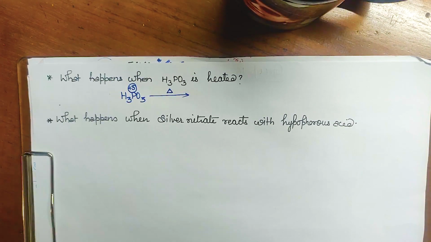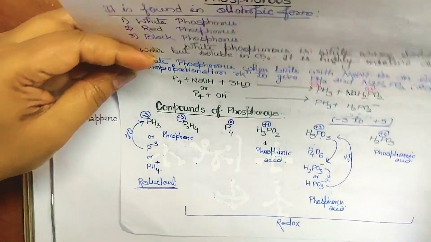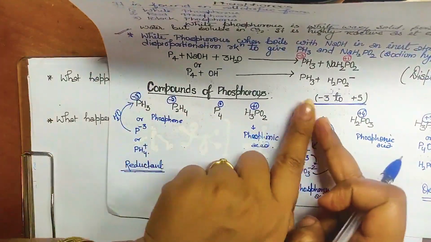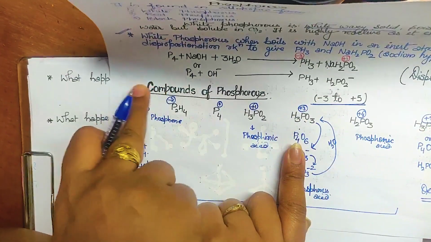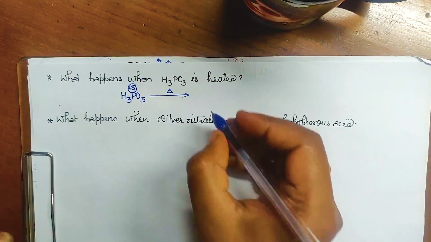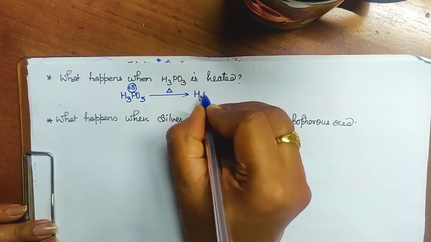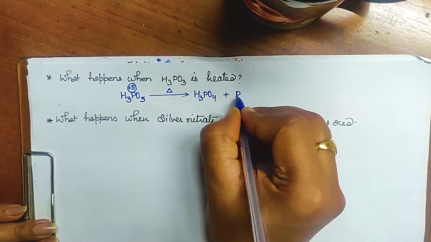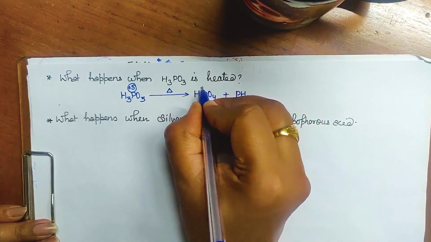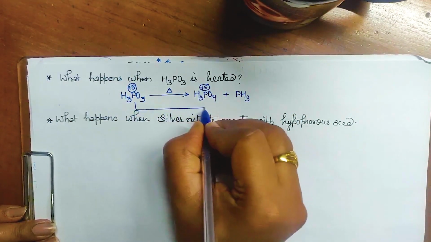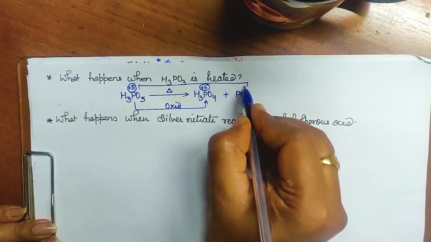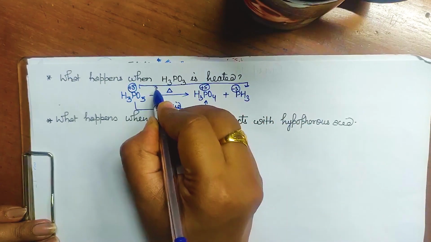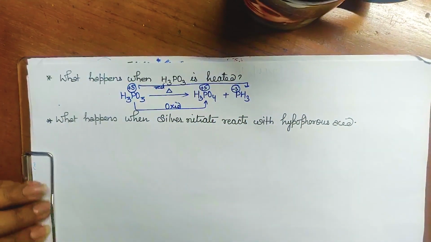We simply see the most stable oxidized state, H3PO4, and the most stable reduced state, PH3. So it will form H3PO4 and PH3. Here it is +5, oxidized, and here it is -3, reduced. Got it?